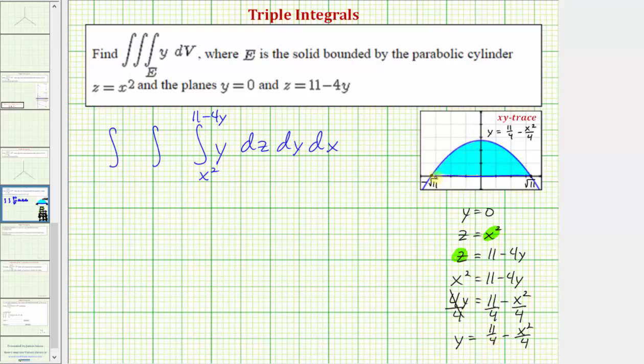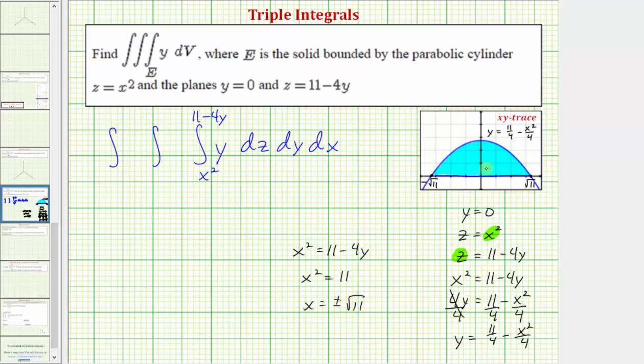And we also need to find the x-intercepts here, and we find the x-intercepts by setting y equal to 0. So if we know that x squared equals 11 minus 4y, if we set y equal to 0, we'd have the equation x squared equals 11, so x equals plus or minus the square root of 11, which gives us, again, the x-intercepts for the xy trace.